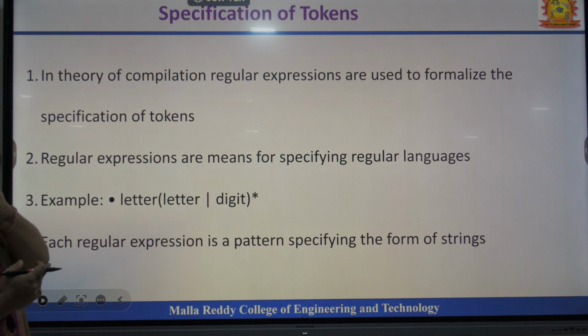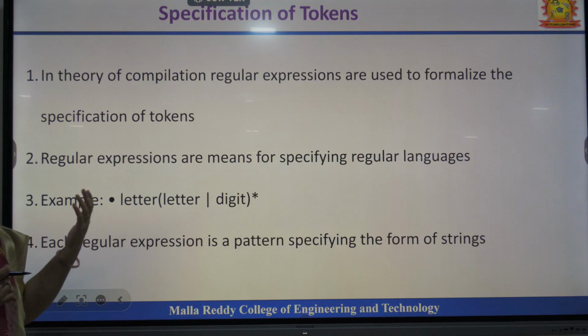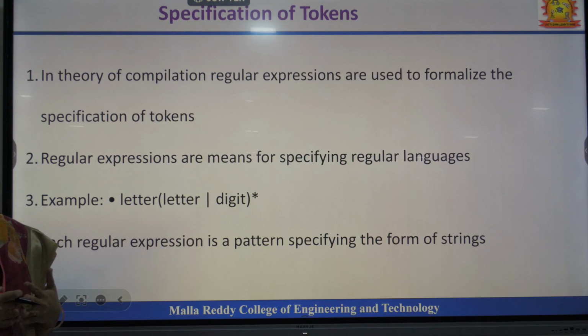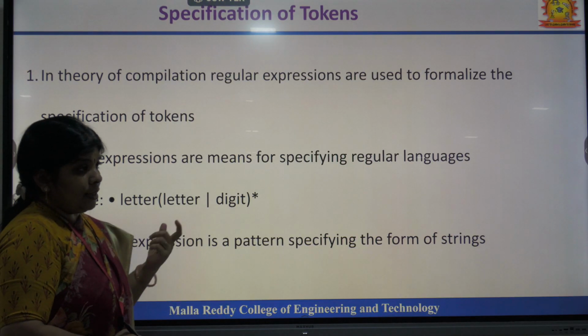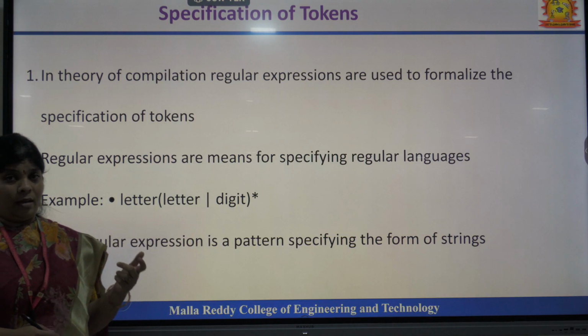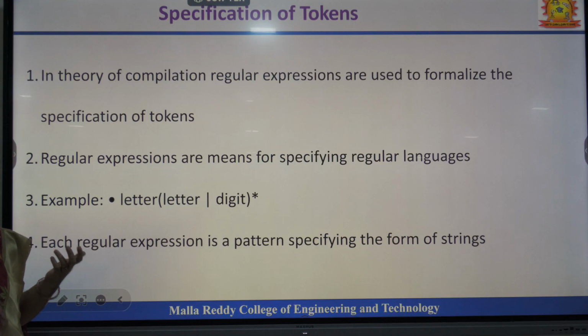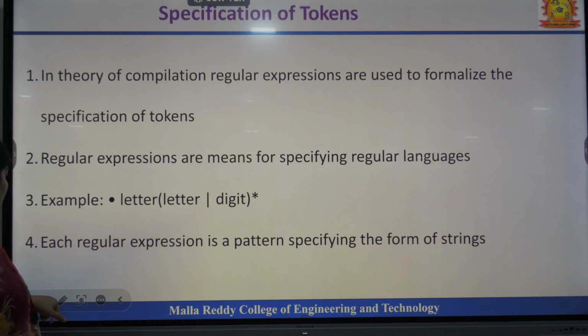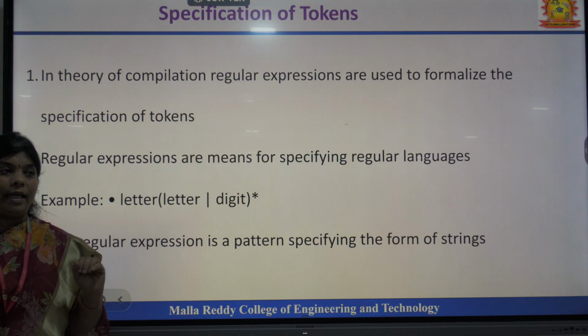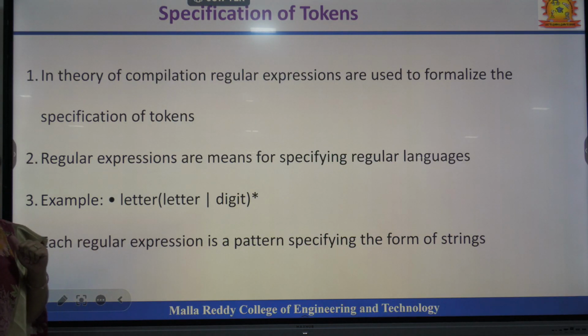For that we have some error recovery schemes. If we are unable to generate the token, then the lexical analyzer will generate an error message to the error handler, and the error handler will handle that error by displaying it on the screen, so that the user can easily identify that particular error and rectify it.